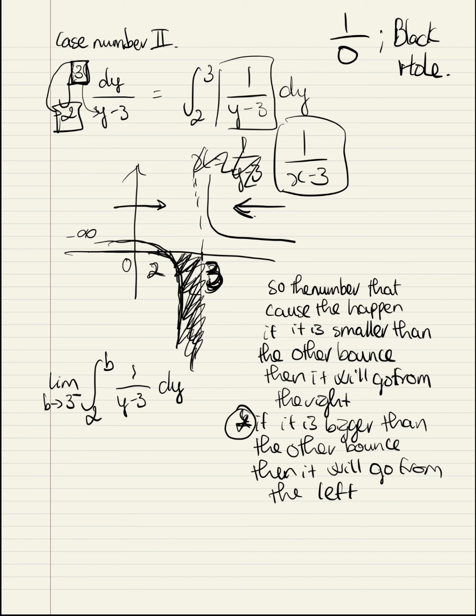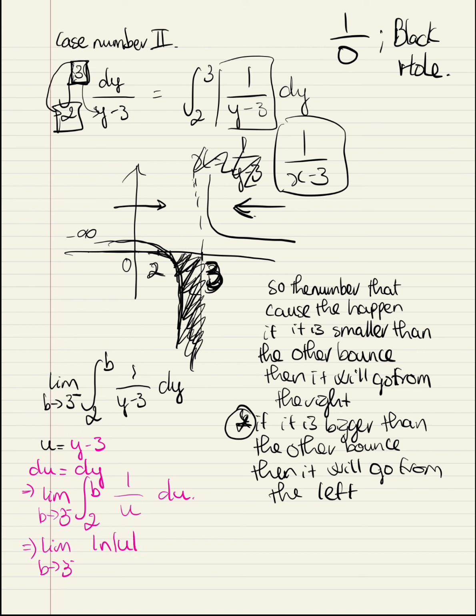And then you can take your substitution, so u equals y minus 3, du equals dy. So we have the limit as b goes to 3 minus of the integration from 2 to b of 1 over u du, which means the limit as b goes to 3 minus of ln of absolute u.